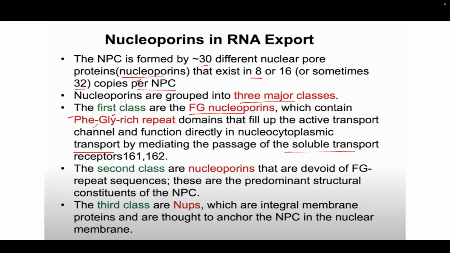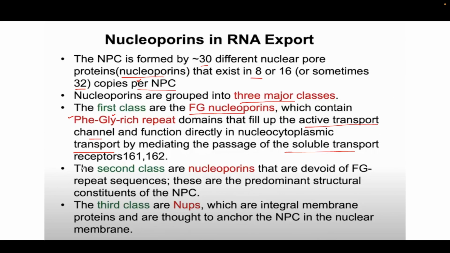You don't need to go through details of which transporter is there or which is not, but you can just remember that the Fg nucleoporins contain a phenylalanine glycine rich repeat, that fill up the active transport channel and function directly in nucleocytoplasmic transport.